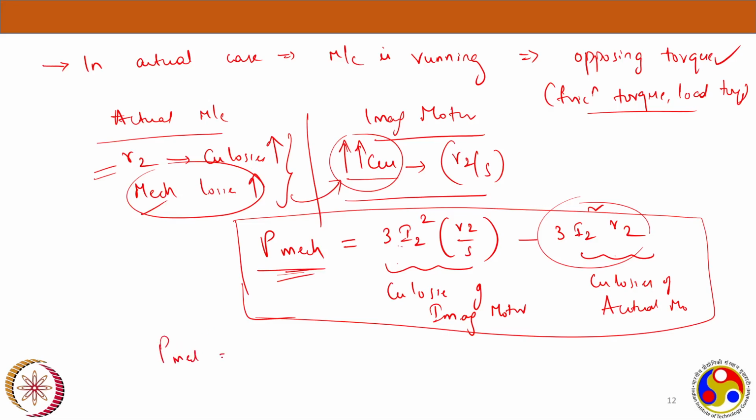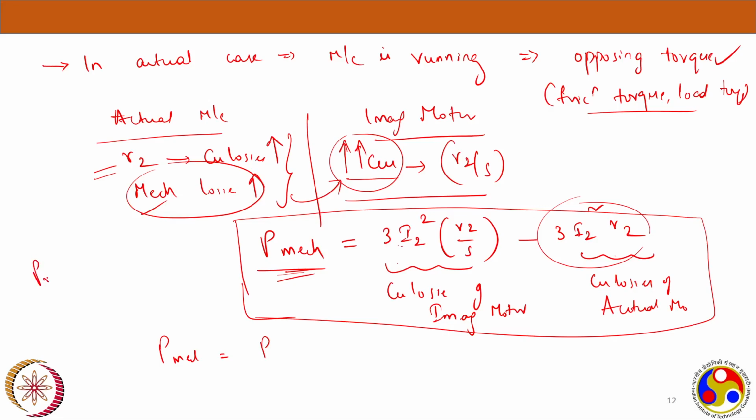One more thing is the air gap power. The rotor copper loss is slip times the air gap power.